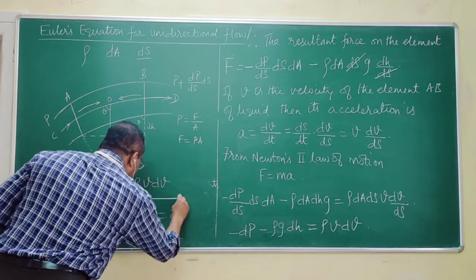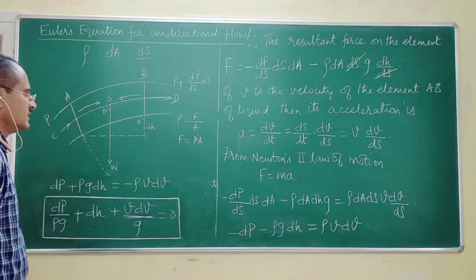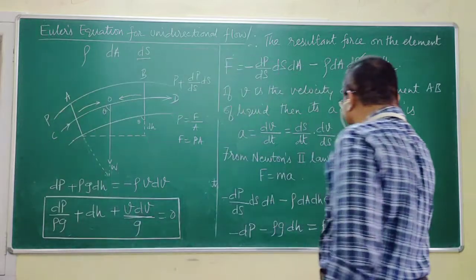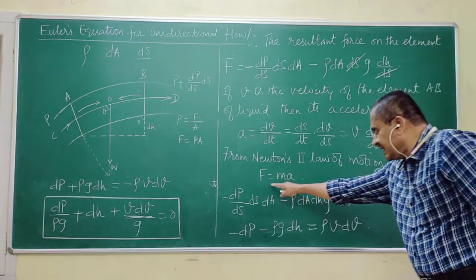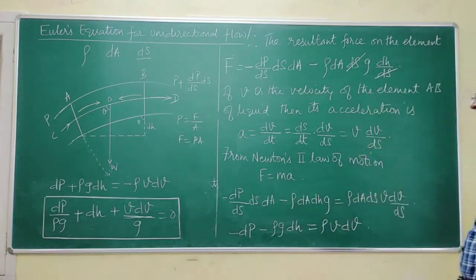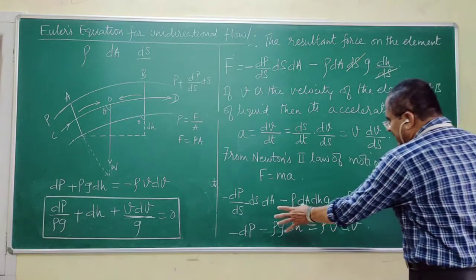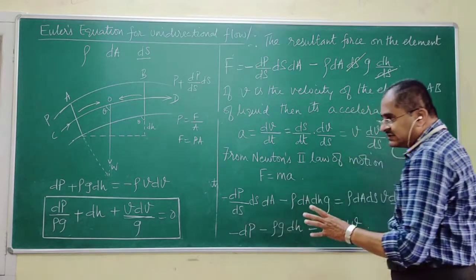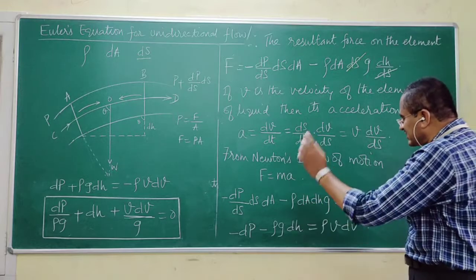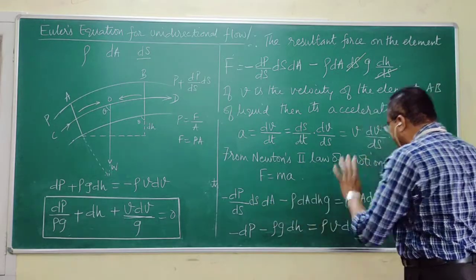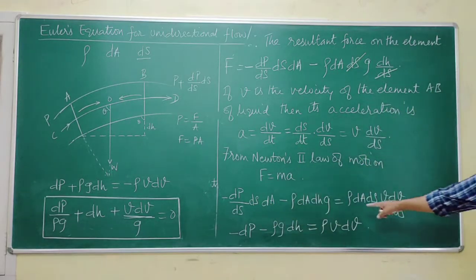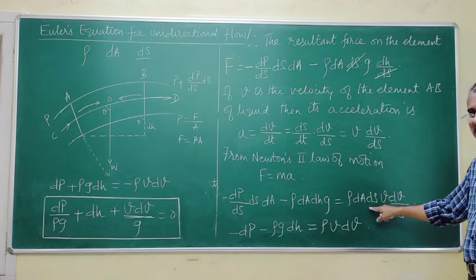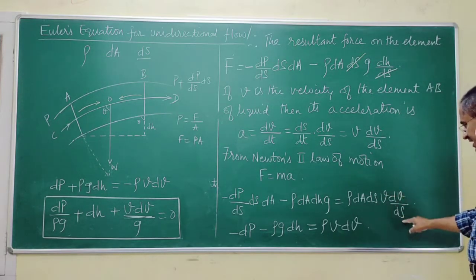I repeat once again what I have said here. From Newton's second law of motion, F is equal to ma. Previously, I have derived an expression for resultant force. Rho dA into ds is mass. v dv by ds is acceleration.